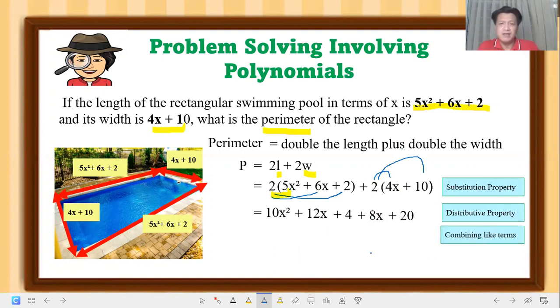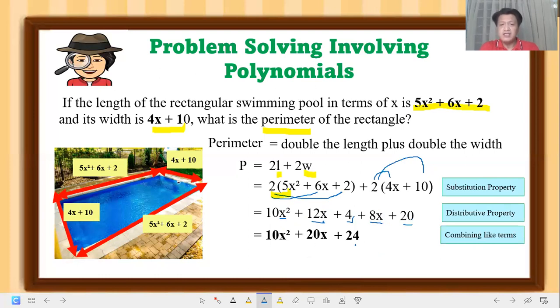That is our step, the ICC from earlier. Since this is our x squared, we have no like terms for it, no other x squared here. When there is none, we just bring it down, or copy it. Here in the first degree, 12x is partnered with, or combined with, 8x because their exponents are both first degree, and that is equal to 20x. For the constants, 4 plus 20 is equal to 24.